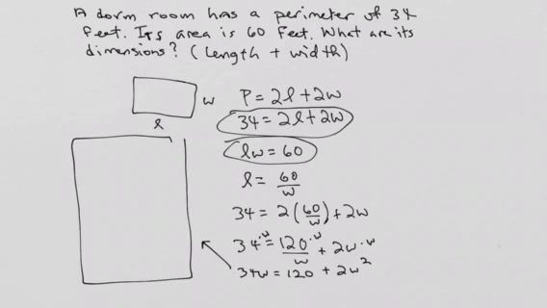I'm going to move stuff around, and you'll be able to follow this. 2W squared. I'm putting my W squared first. I'm going to subtract 34W from both sides. So I get minus 34W plus 120 equals 0.